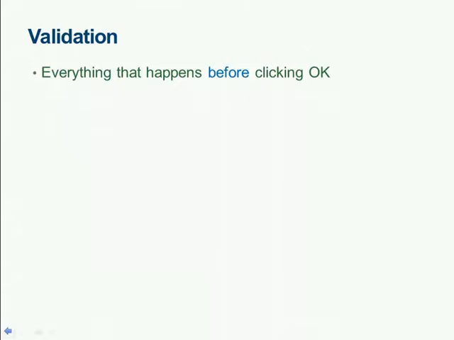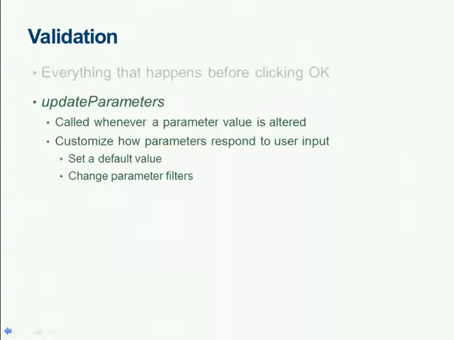Validation is everything that happens before you click OK. And this is important because we can customize the behavior of the tool while we're populating it. So for example, updateParameters is a method that is called whenever a parameter value is altered, so whenever we make a change to the value of a parameter.